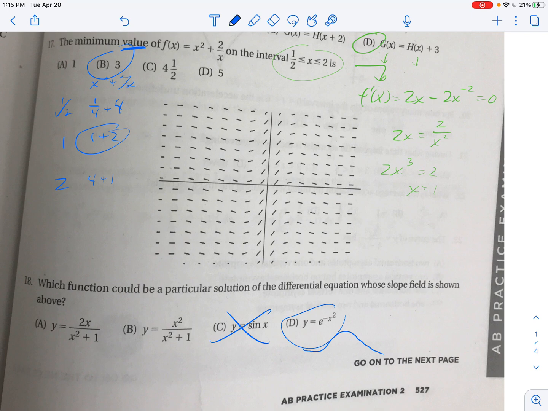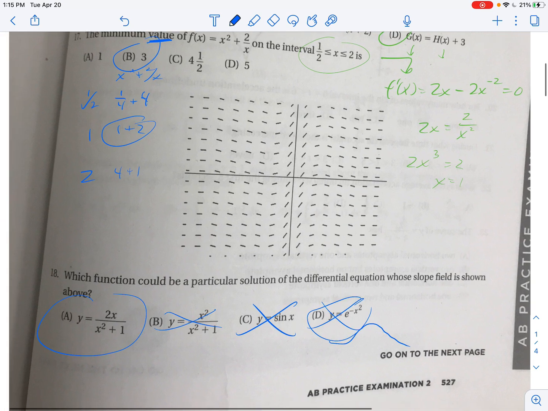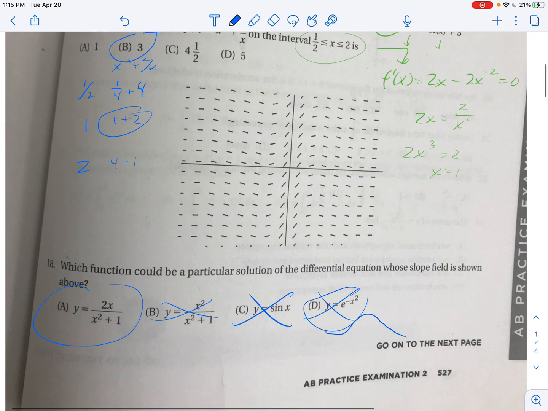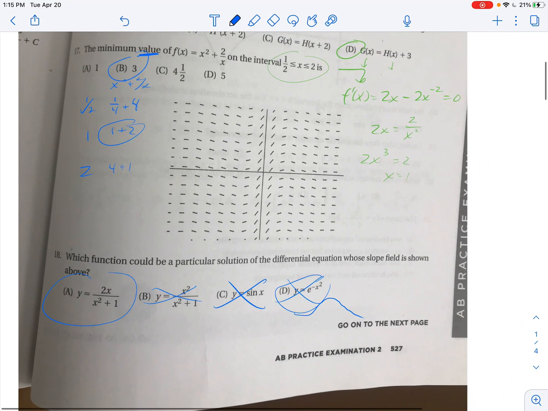We're increasing there. Similarly, b is even, so by process of elimination, it has to be a. On the actual AP, they're not expecting you to so quickly know what these things look like. But you do need to understand the relationship between graphs going through a slope field.